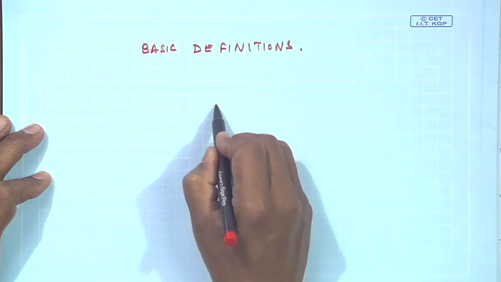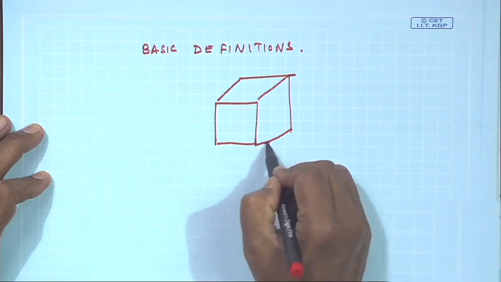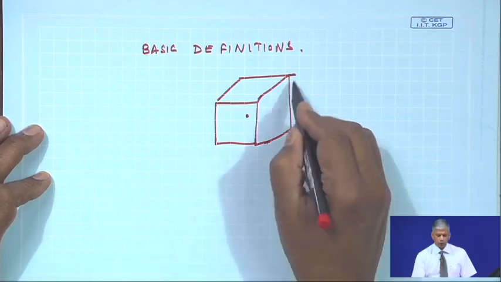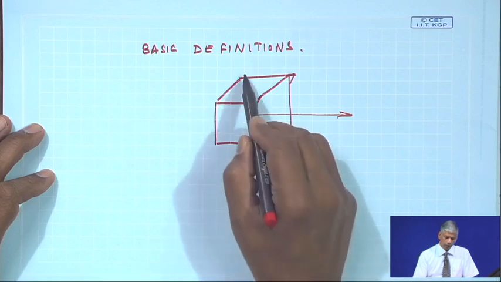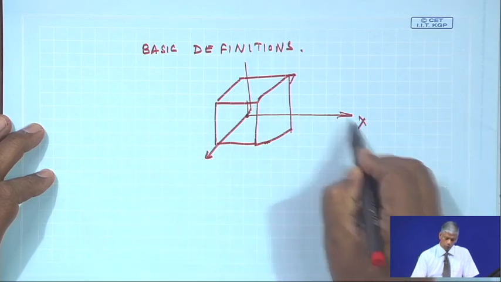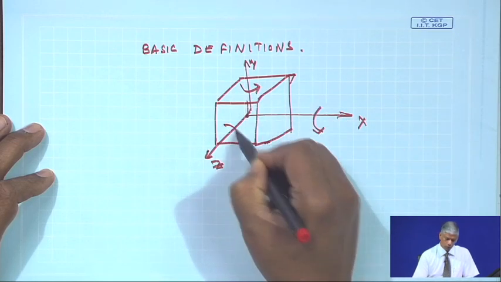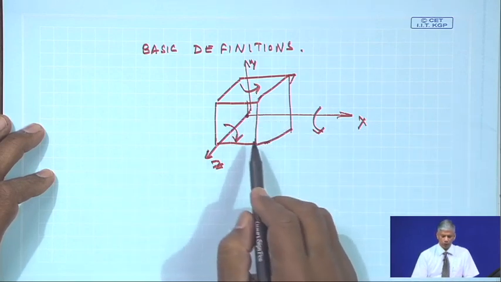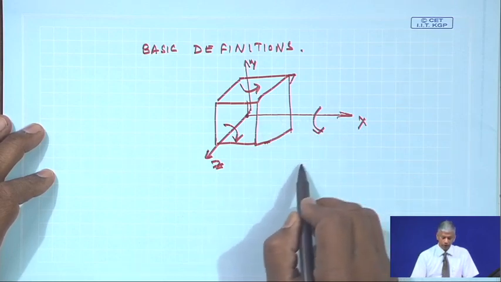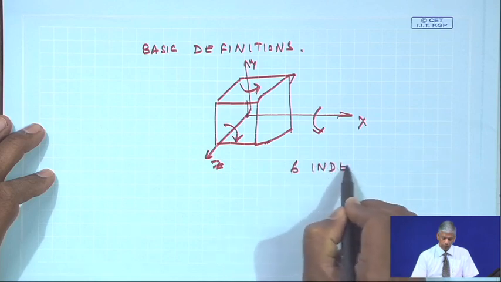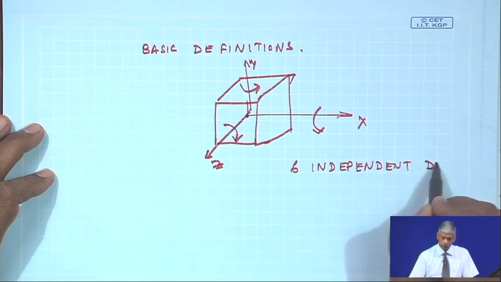For example, when I say a body, this body is in space, this body could be small, big, it is a material, but if this body is predominantly made to have motions, rectilinear motion in x, y, z directions which are independent, and rotations about x, y, z, I will have this body has 6 independent directions of motion.